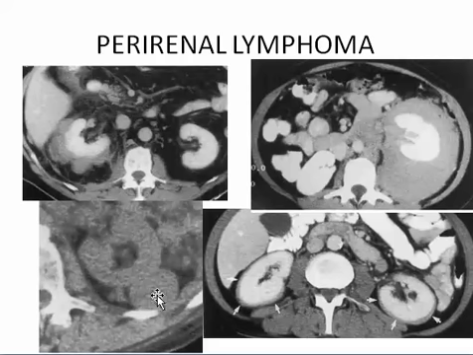It can present as a large nodule or multiple nodules encasing the kidney, or subcapsular and capsular thickening, generalized thickening, which is seen on either side, or perirenal mass filling the whole space and encasing the kidney. So these are the four appearances of perirenal lymphoma.